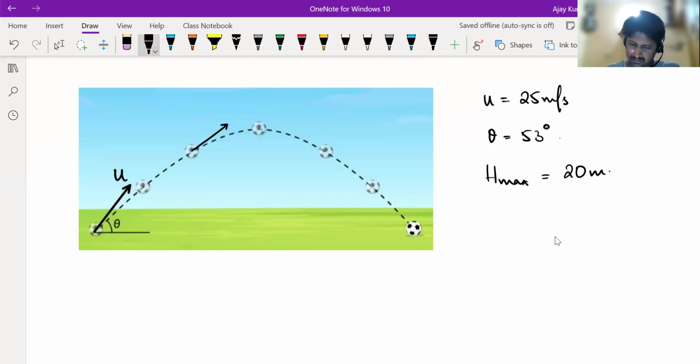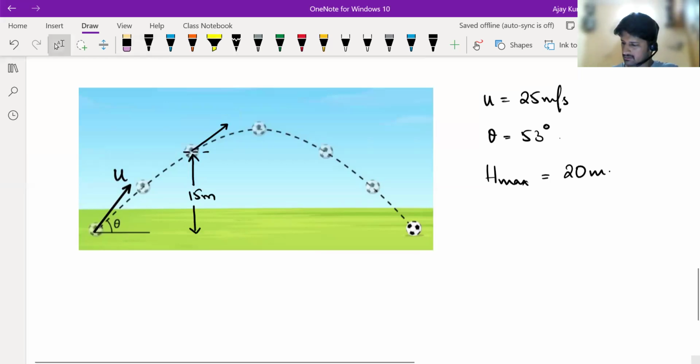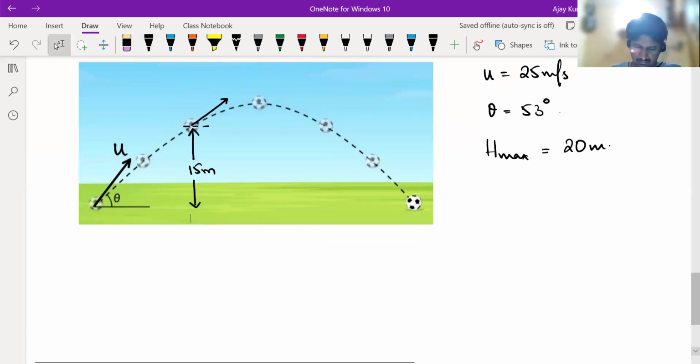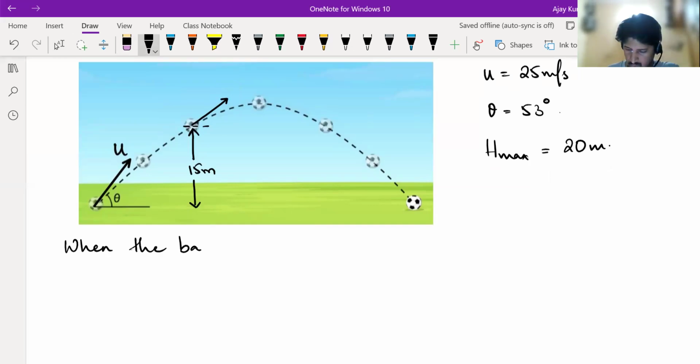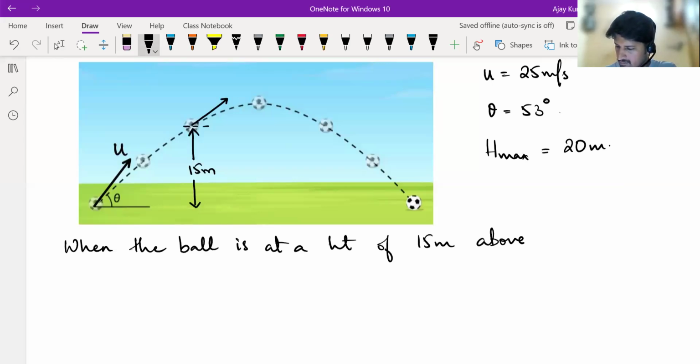So maximum height is 20 meters. Then at some time, it will be at a height of, let's take 15 meters from the ground. So the question is, when the ball is at a height of 15 meters above ground, find out all those things that I said you can find out.